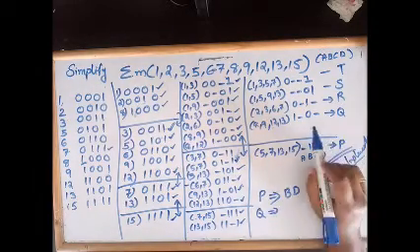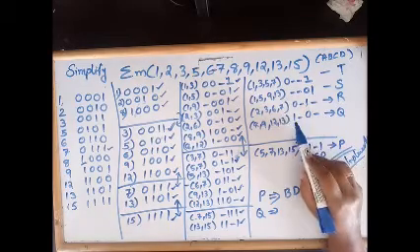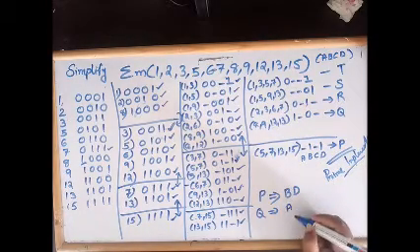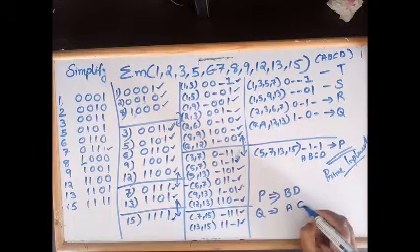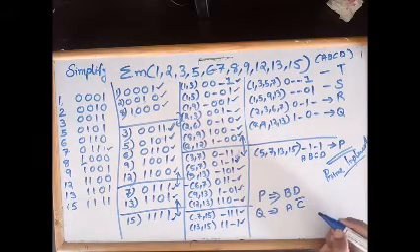Q will be 1 dash 0 dash. So 1 is A, then B absent, C is 0. So we can write it as A C bar.